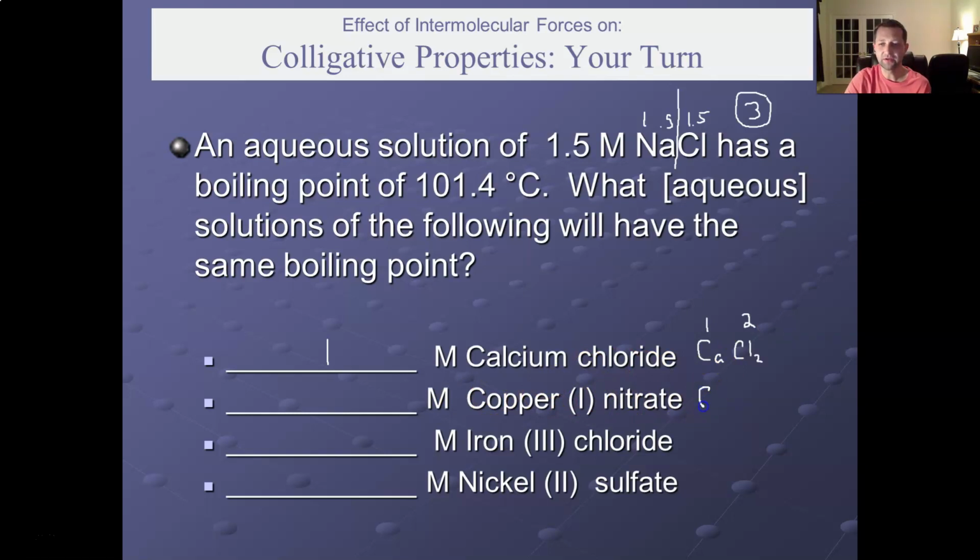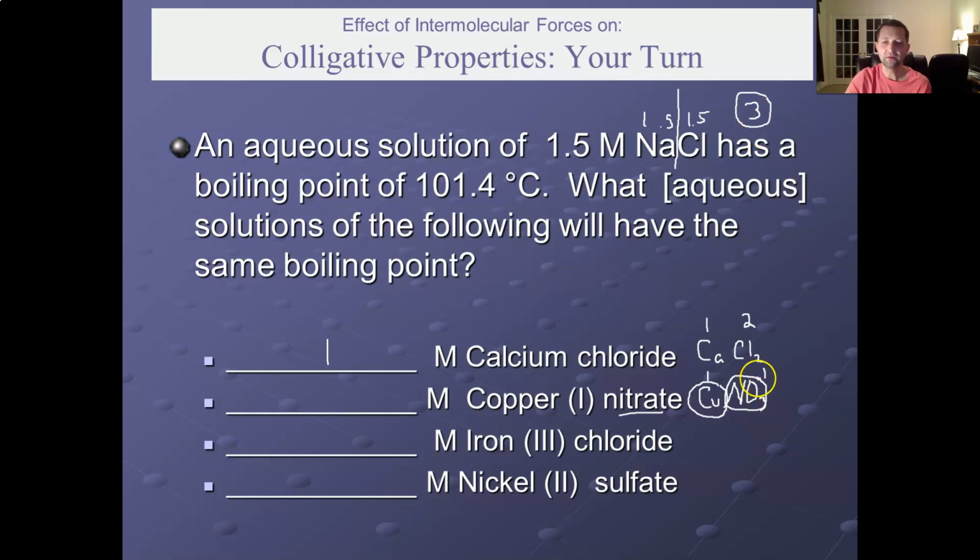Next one, copper(I) nitrate. Copper(I) nitrate is CuNO3. Now be careful here, because nitrate is an ion. This stays together. The nitrate, NO3-1, is a charged molecule floating around in solution, and the Cu+1 is also just 1 dissolved particle. So we have 1 dissolved particle with copper, 1 with nitrate, so 2 dissolved particles.